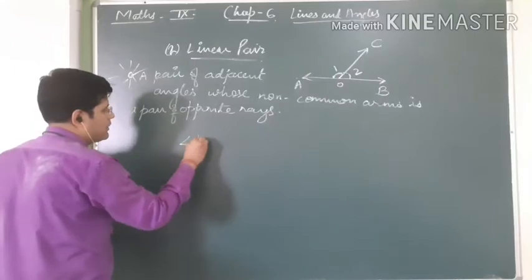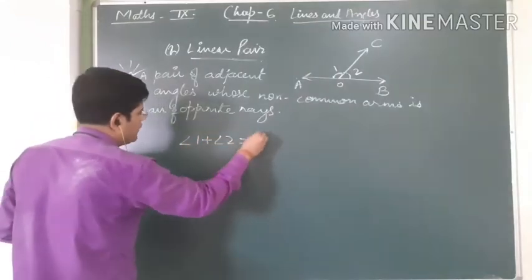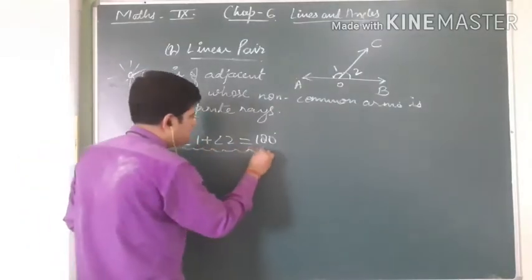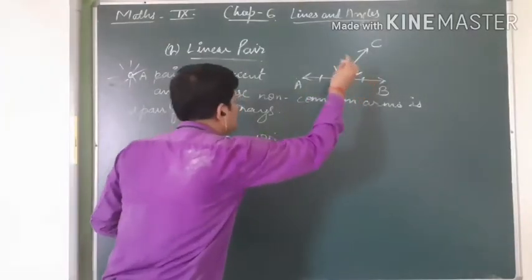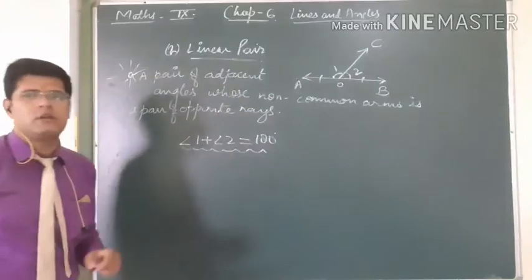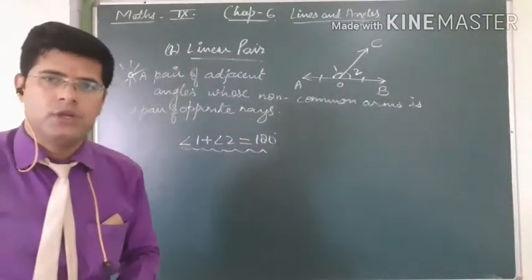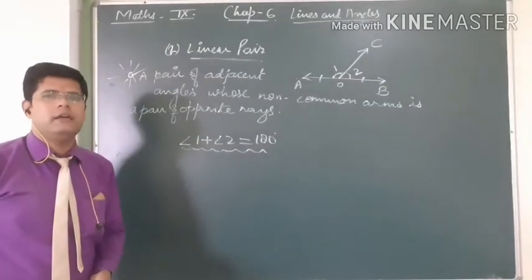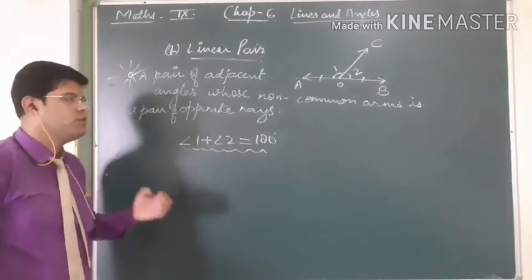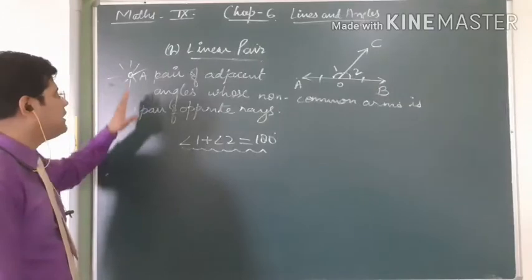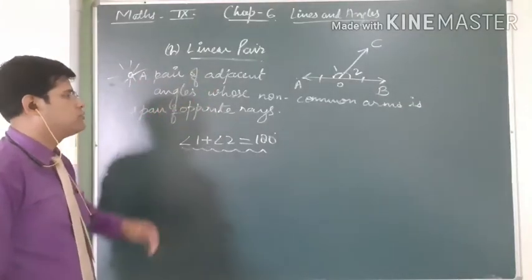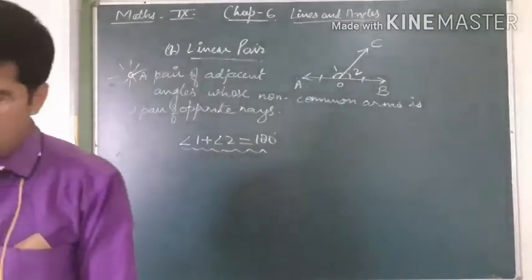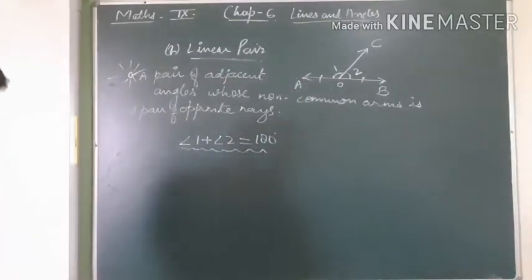But this one is proper: angle 1 plus angle 2 is equal to 180. Why do these make 180? Because OA and OD are opposite rays, and opposite rays always form a straight angle. So what is a linear pair? When two angles add up to 180, this is very simple. But the proper definition is a pair of adjacent angles whose non-common arms are opposite rays.